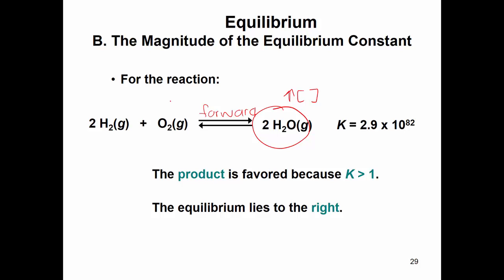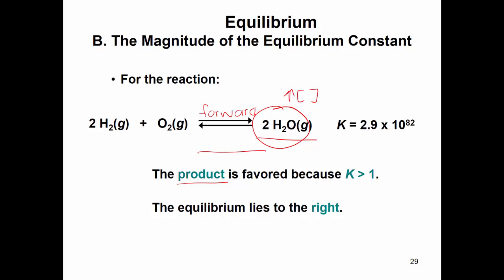Here we have a specific reaction. I already went through it a second ago, but our equilibrium constant K is 2.9 times 10 to the power of 82. That's a really large number. So K is much, much larger than 1. Therefore, this is product favored, so its equilibrium lies to the right.